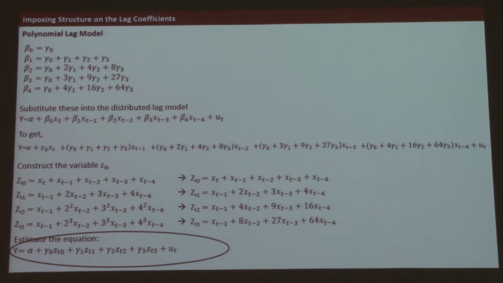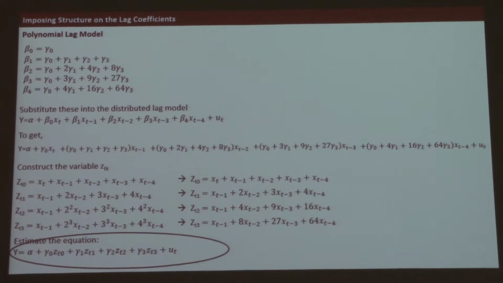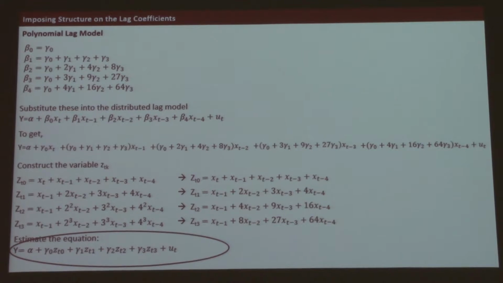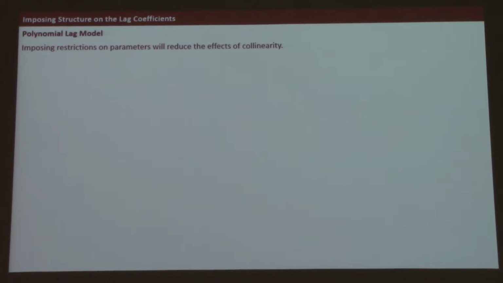And let's go back. Because we only have 1, 2, 3, 4 coefficients, it essentially reduces the number of coefficients that can be collinear.